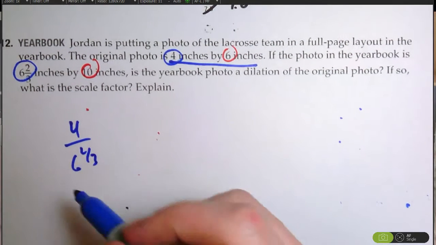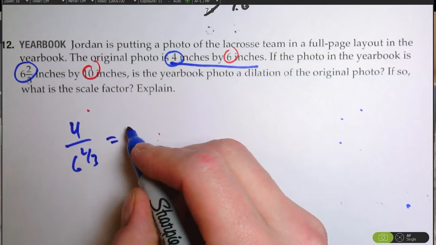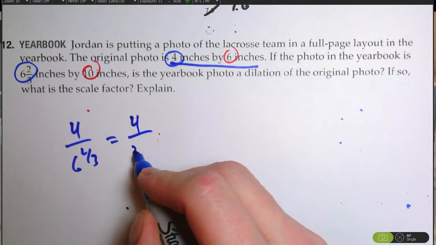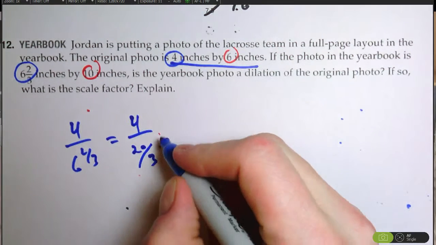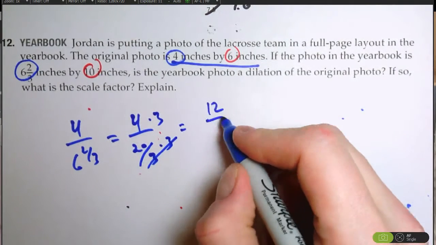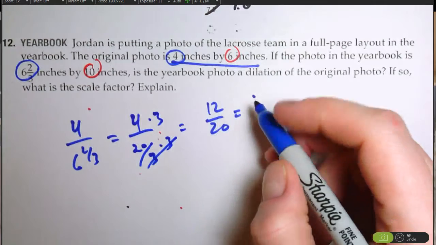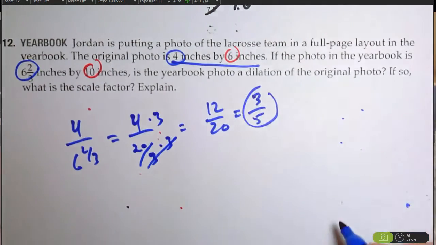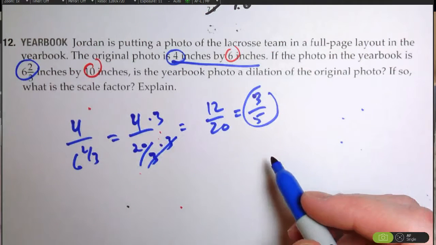What you could do is make it an improper fraction. So 6 times 3 is 18. 18 plus 2 is 20. So we have 4 over 20 over 3. And then multiply both those by 3, canceling off that 3. That gives you 12 over 20. That reduces to, divided both by 4, 3/5. Okay, so that's the first comparison between the 4 and the 6 2/3.